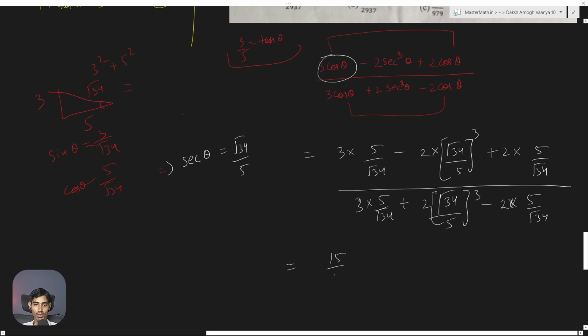15 by root 34. This is 2 into. I'll put the cube as it is because I will take the LCM and all, it would get simplified. 125, and this is 10 by root 34.